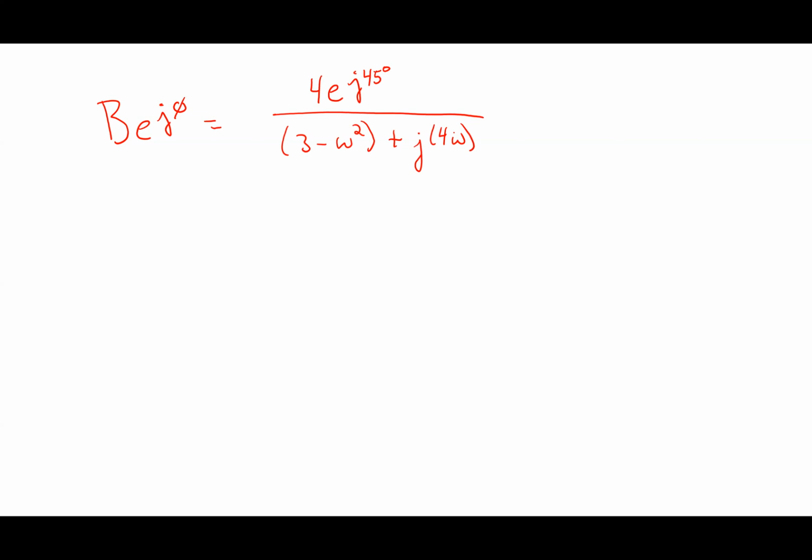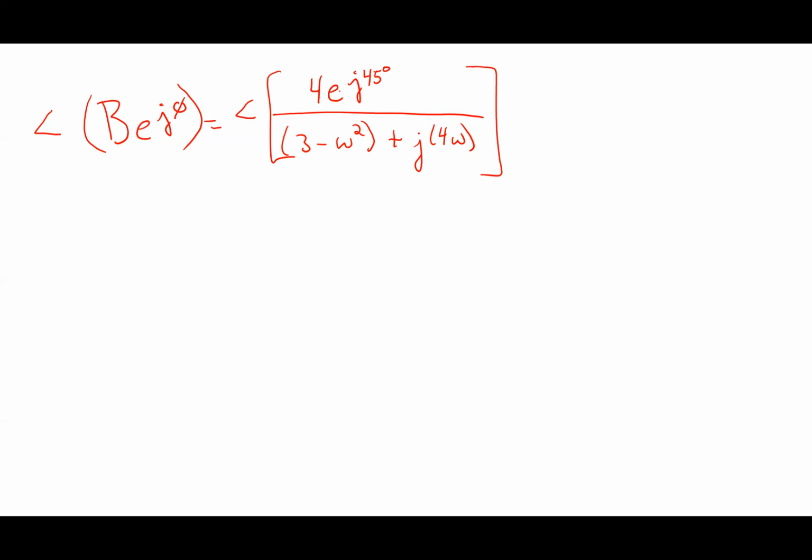Okay, so if I take the angle of b e to the j phi, again, to say b e to the j phi means that it's b with an angle of phi degrees. So what's the angle of b with an angle of phi degrees? Phi. Okay, so if I take the angle of both sides, the angle of the left is equal to the angle of the right.